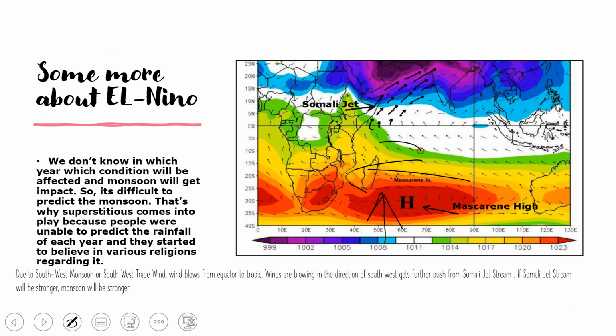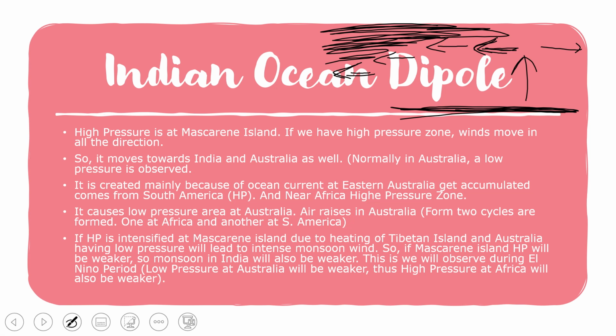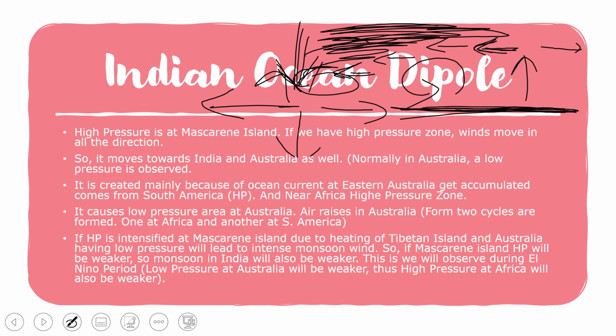This will accumulate over the high pressure area and hit the land, and again in the high pressure area it will move in all directions. This is the normal phenomenon, and it forms one cycle.